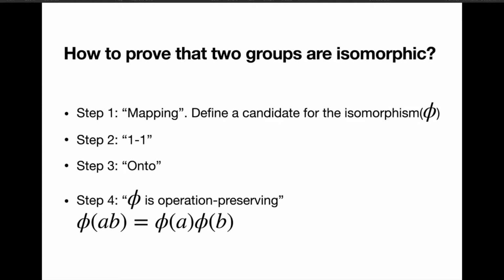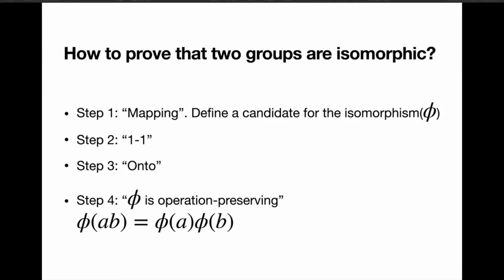Next we are going to talk about how to prove that two groups are isomorphic or not. Here are some key steps that we need to follow and check during the proof. The first step is finding the appropriate mapping. We need to define a candidate for the isomorphism, which we can denote as phi, and choose an independent variable to fill out the connection between the groups.